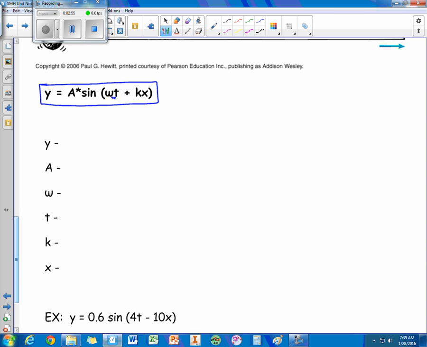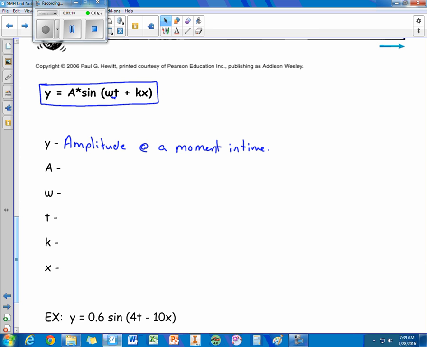So y, this is going to be the amplitude at a certain moment in time. Capital A is the maximum amplitude.